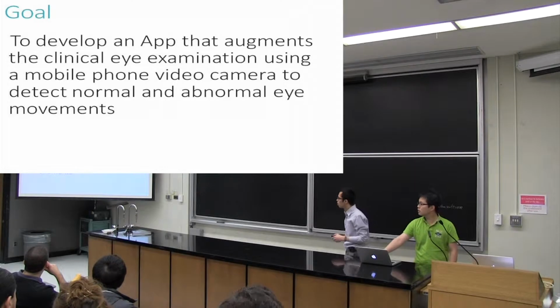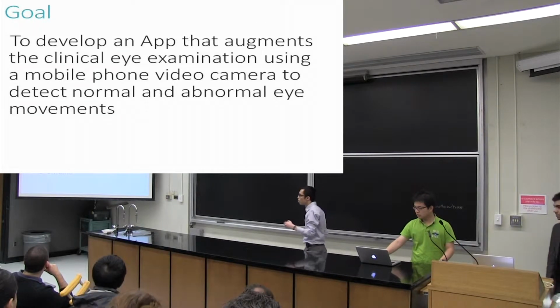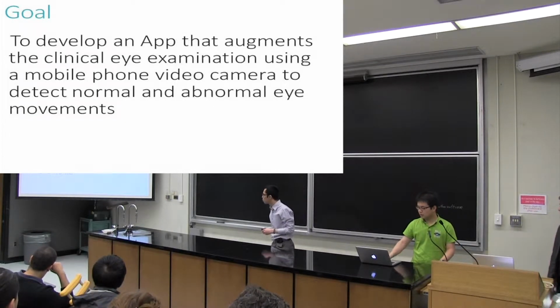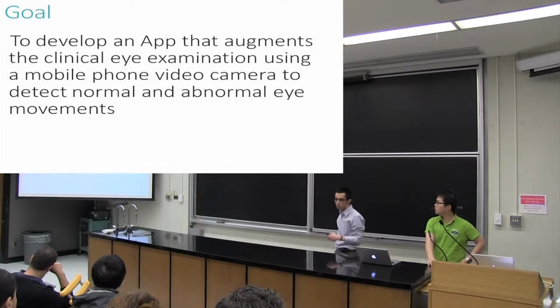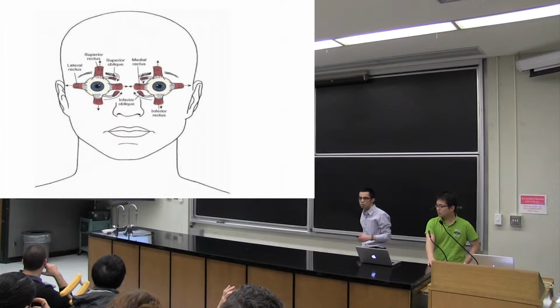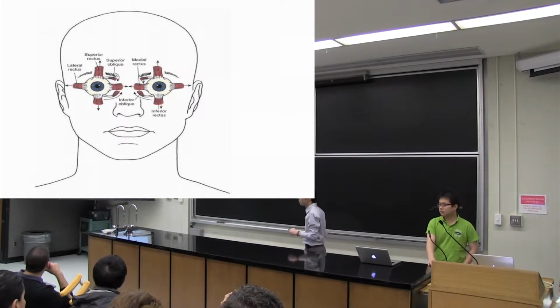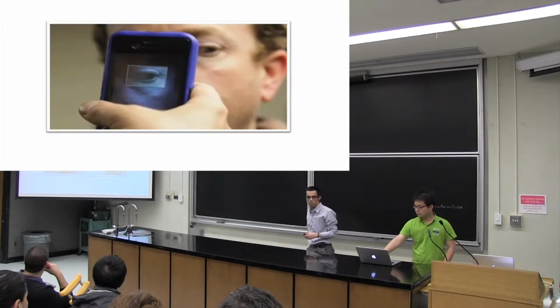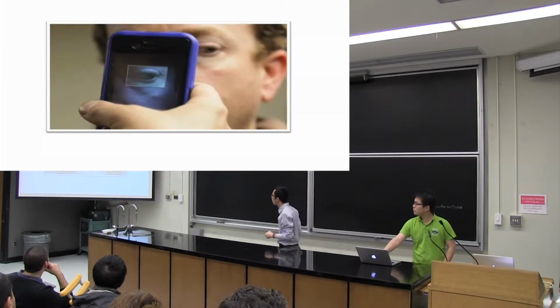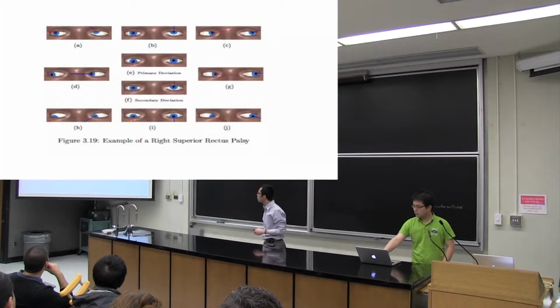So we decided to develop an app that augments or helps the clinical eye exam using a mobile phone video camera to detect normal and potentially abnormal eye movements. In other words, looking at the eyes, looking at the muscles, instead of using big cameras like that or tools like that, potentially using a camera to look at the eye, to look for abnormal movements.